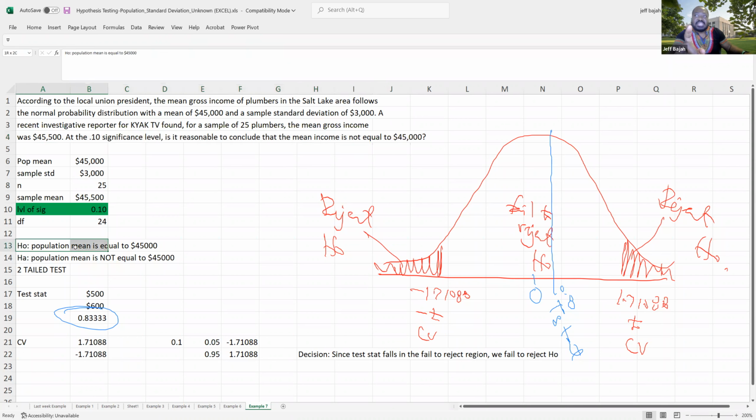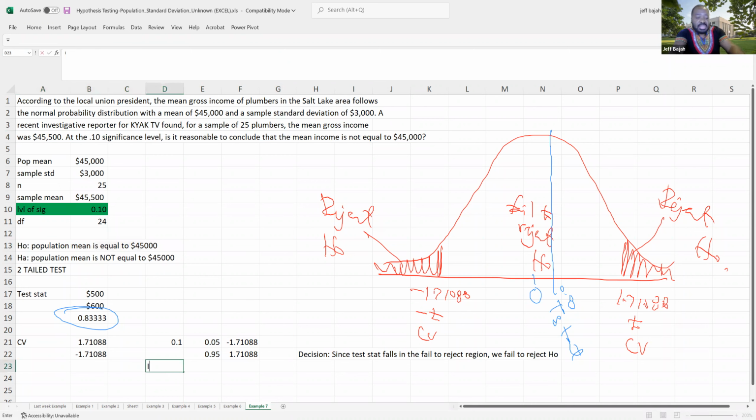H0 says it is equal to. HA says it's not equal to. If you fail to reject H0, then technically that means H0 stays. Now you can argue that the reason is because you don't have enough evidence. That's true, but you weren't able to disprove H0.